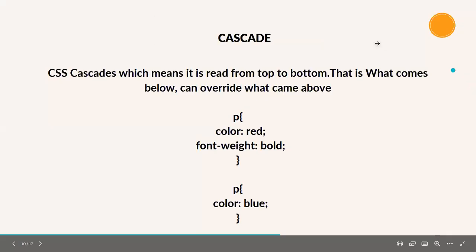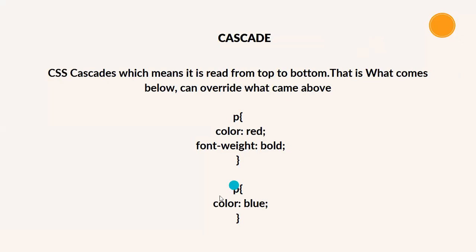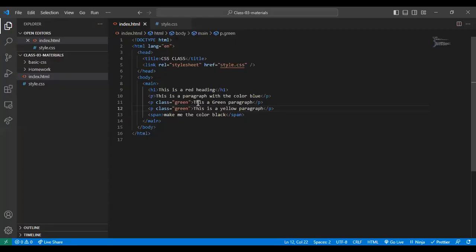Oh, and also just to show you, when I said CSS cascades, let's show that so it'll make sense. Let's just have multiple paragraphs. I'll get rid of the class for now.